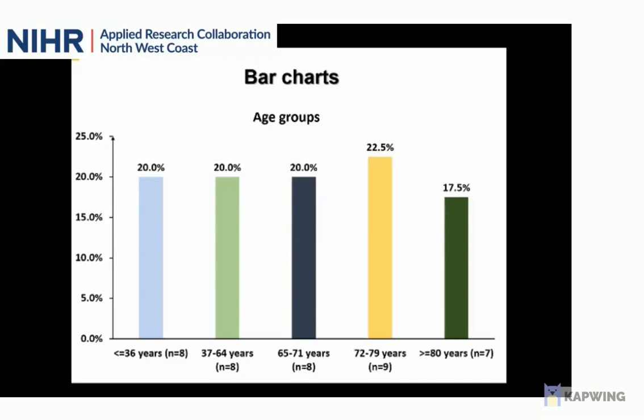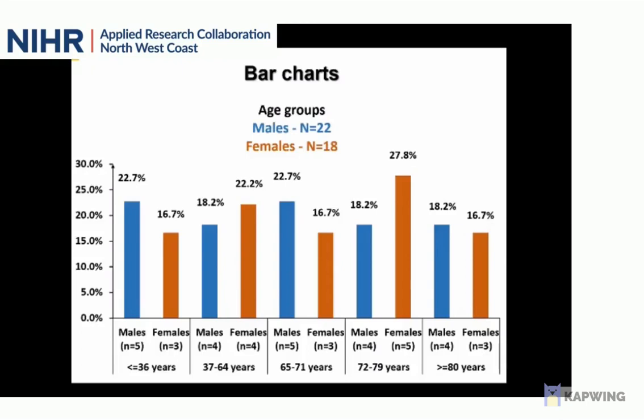You will see that, for example, the first 3 age groups have the same percentage, so the bars will be of the same size. The 4th age group is the biggest in terms of percentages. And then the 5th age group is the smallest one, so only 17.5% of people are in that particular age group.